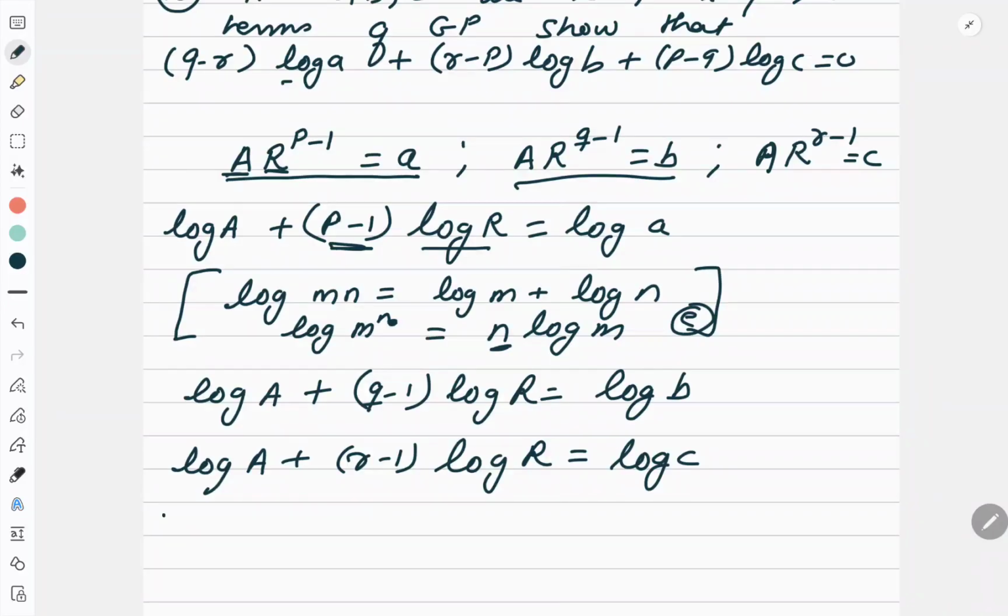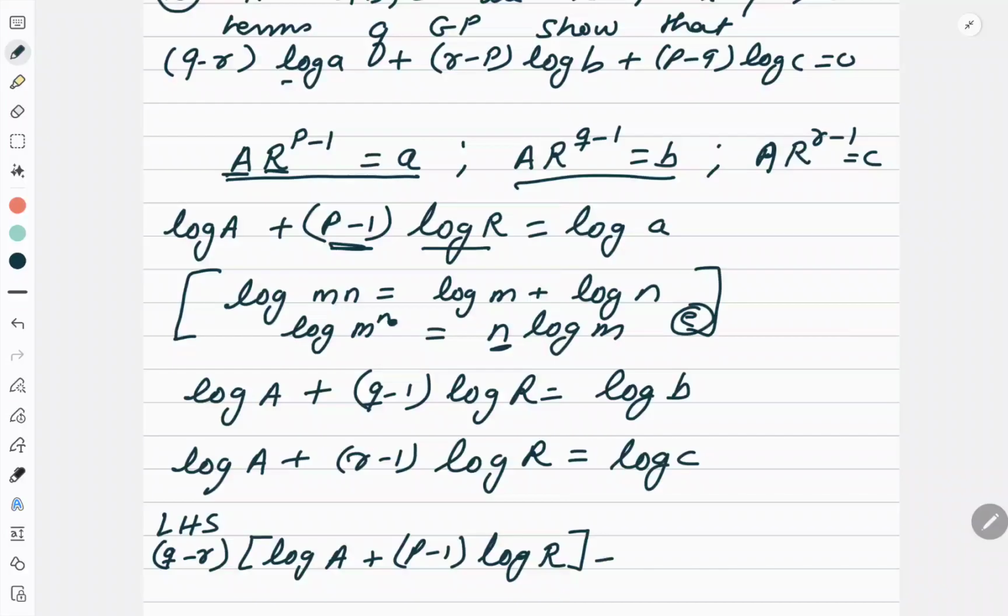So I will again start with my left hand side. If you start with the left hand side, what is there? Q minus R log A. What is the value of log A? Log of capital A plus P minus 1 log of capital R. Correct? Plus, now the log B value I should put: R minus P. What is the value of log B?